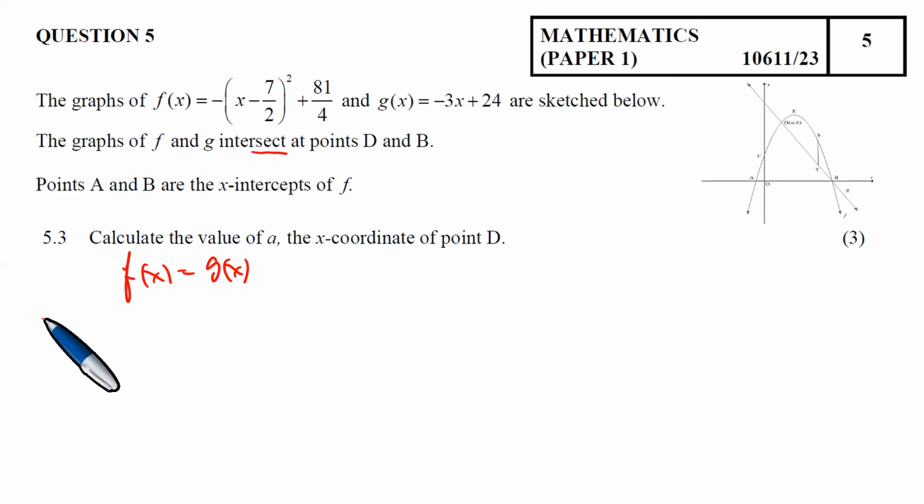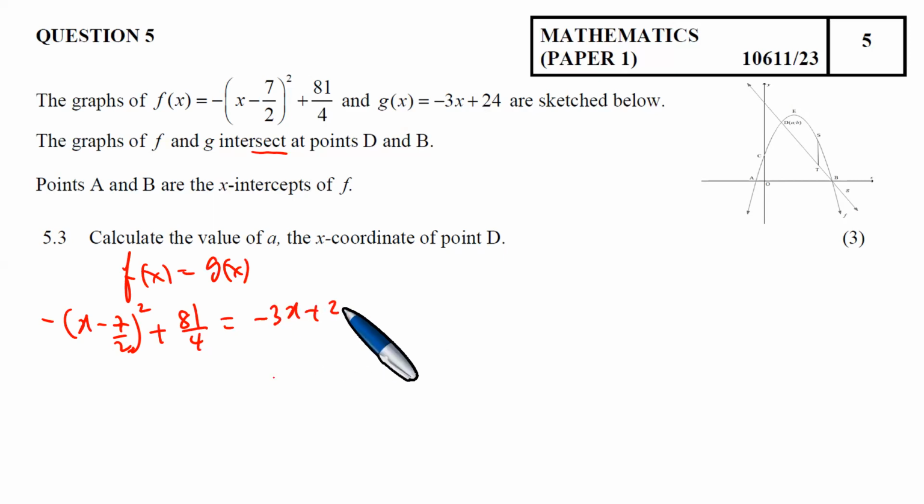What is f of x? It is minus into x minus 7 over 2, you square that, plus 81 over 4, equals g of x, which is minus 3x plus 24. Next, we need to expand this one.